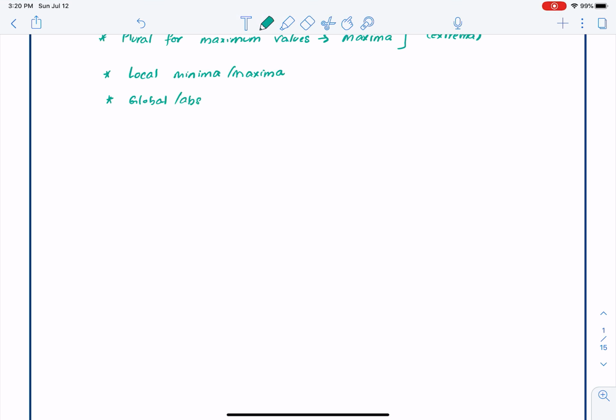Now there are two types of minima and maxima that one can observe. The first one is called a local minima or maxima, and the other is called the global or absolute minima or maxima.